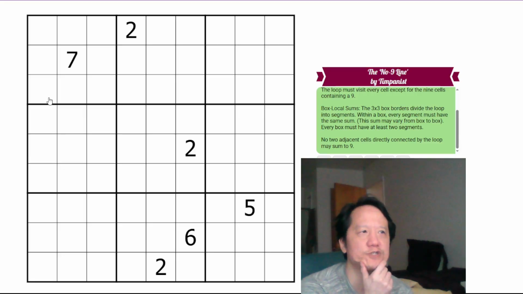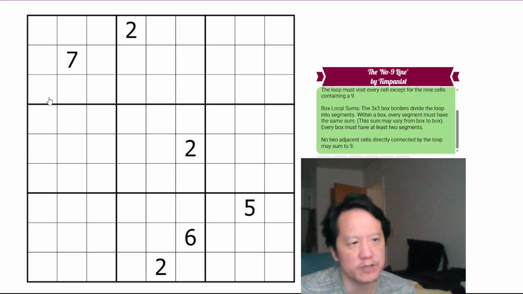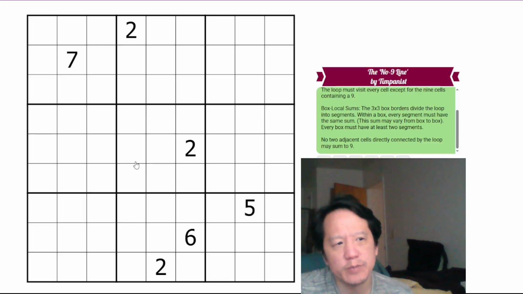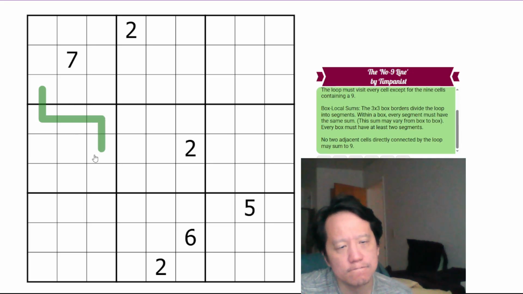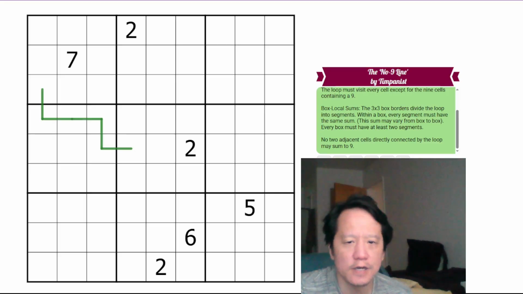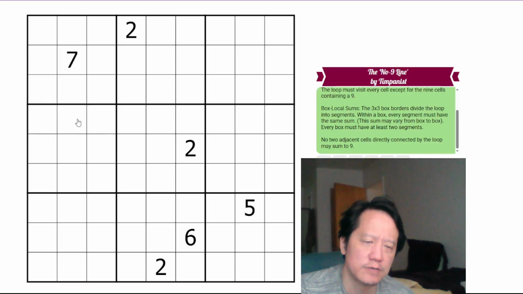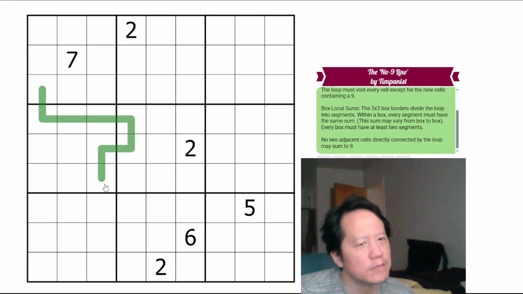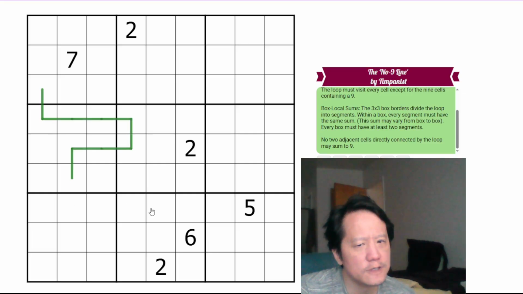How does it work for side boxes? Can it work for a side box? Maybe not? Yeah, I don't think it works for a side box either. Yeah, that doesn't work for a side box.